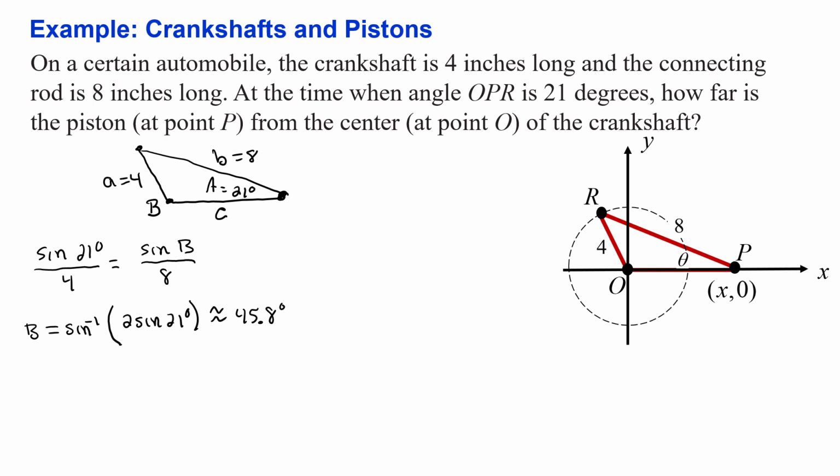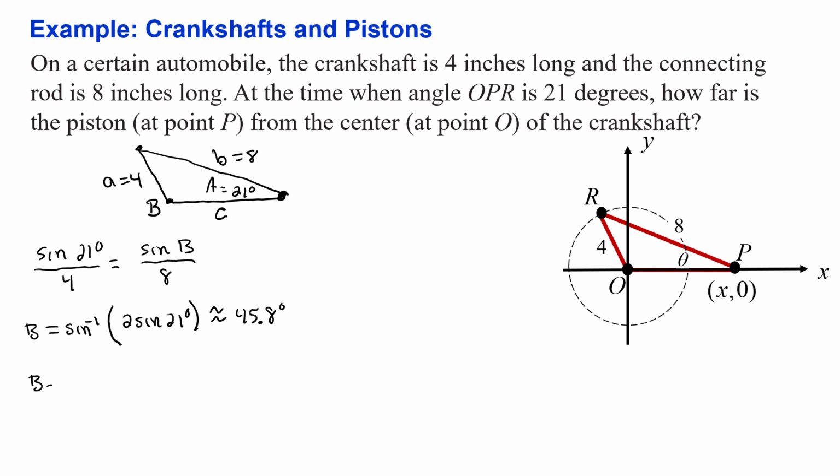Now let's come back and find how far the piston is from the center of the crankshaft for point R being in quadrant 2. Earlier we found the acute angle B to be approximately 45.8 degrees for R being in quadrant 1. So the obtuse angle, let's call it angle B sub 2, is going to be the supplement of 45.8 degrees.